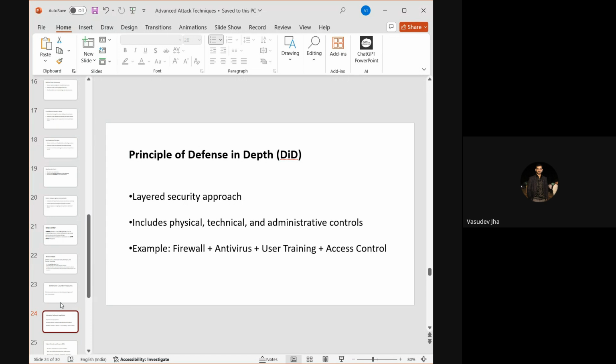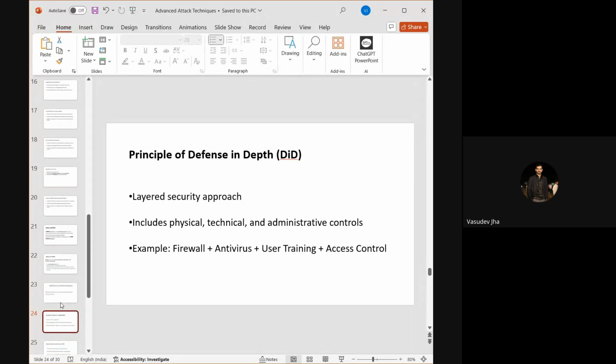Then the technical control, where we are implementing all the security approaches, and administrative control, where we are giving access. That is decided by the business: whom to trust and whom not, what our dependencies will be, and who our vendors will be.